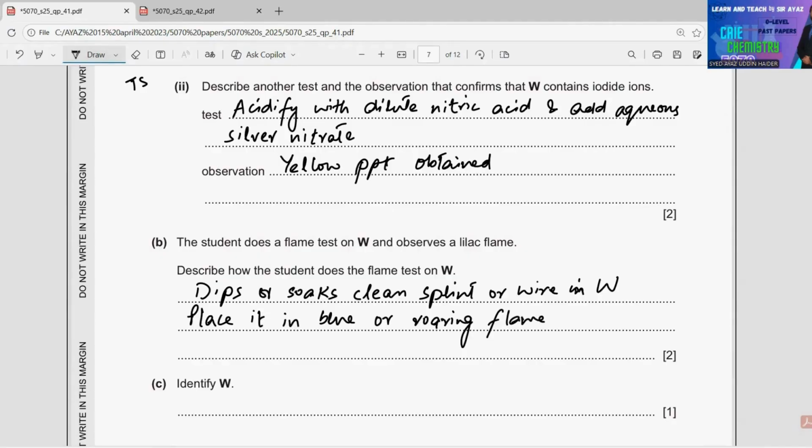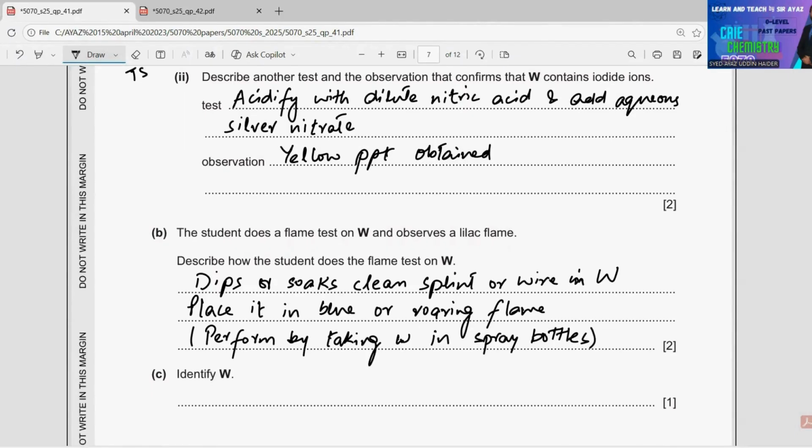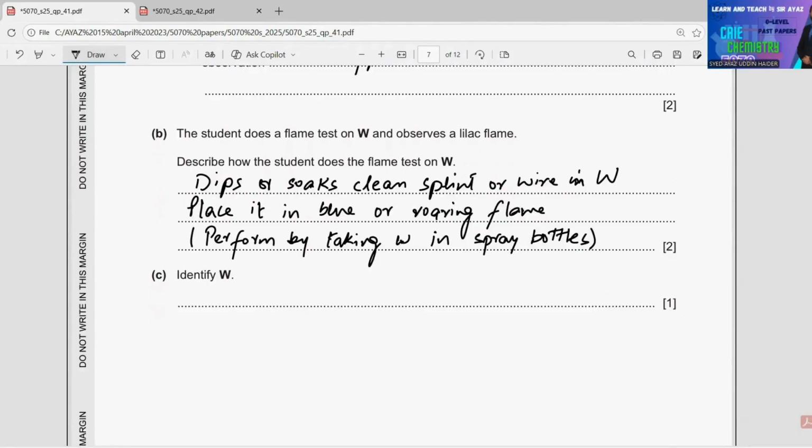You can also perform it by taking W in a spray bottle. You perform the whole step again, the difference being that you just spray the W and you observe the color.